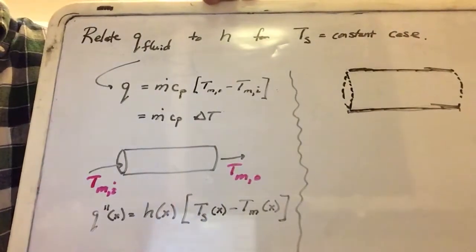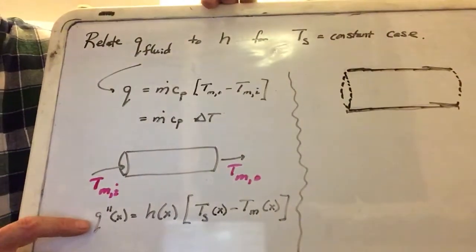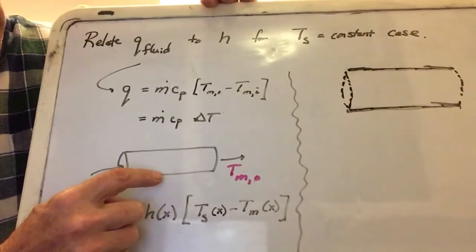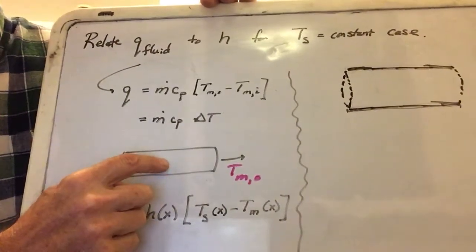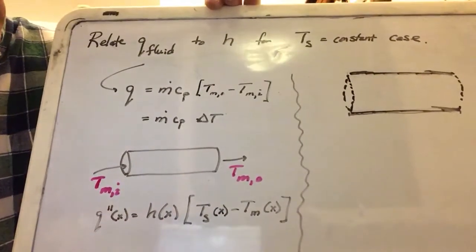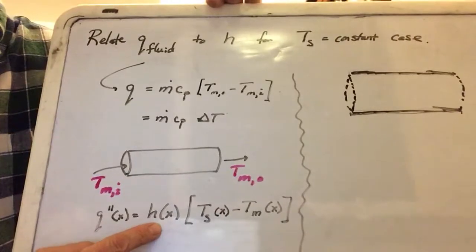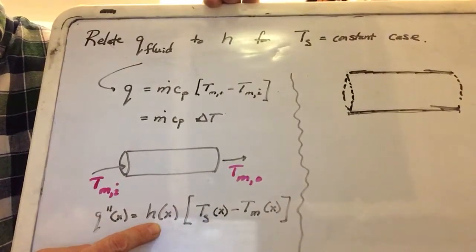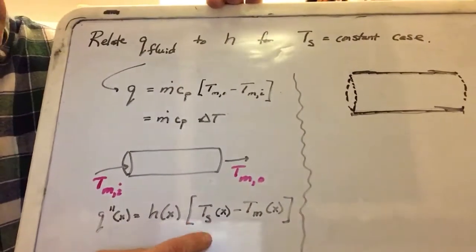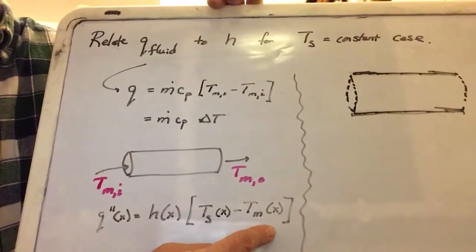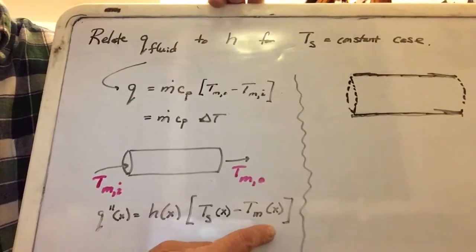The second basic equation we had is the flux, the convective heat flux. So heat might be getting out of a pipe and into a fluid by convection, and the nature of the process is convection. This is how we would represent the flux with an equation. We're going to take our heat transfer coefficient and multiply it by the surface temperature at some point minus the mean fluid, or average or bulk fluid, temperature at that point.